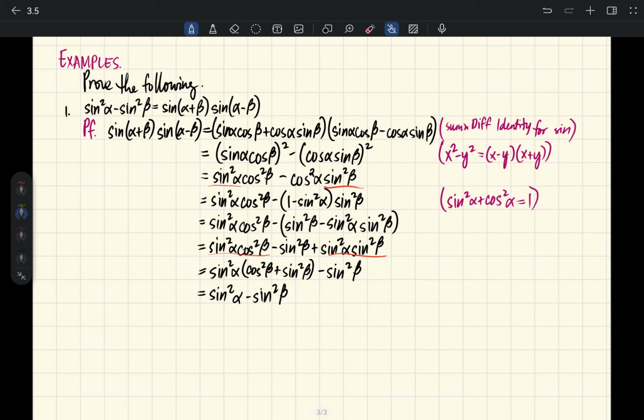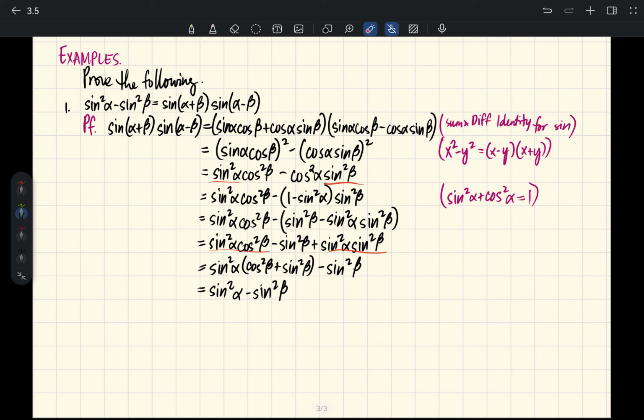As an exercise, as you can see, the crucial step here is this one, since we had two things that we can do. We can either play with this one or play with this one right here. But what we did is that we played with this one. I'll call this star.